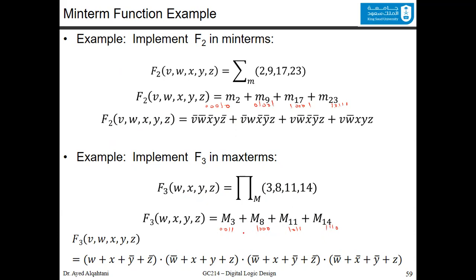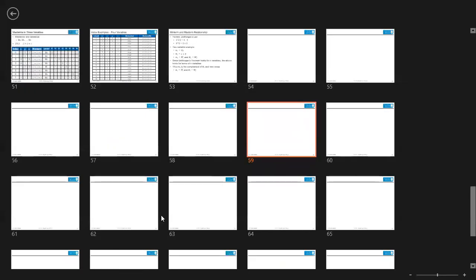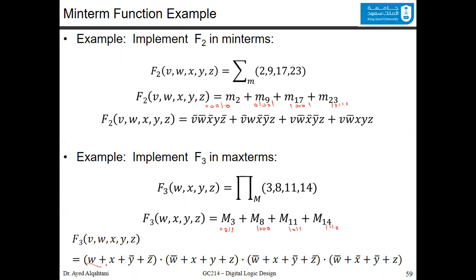Now think the opposite way, because this is a max term. So it's going to be W, X, Y bar, Z bar. That's the first max term. And you OR them together. So you have W or X or Y bar or Z bar.